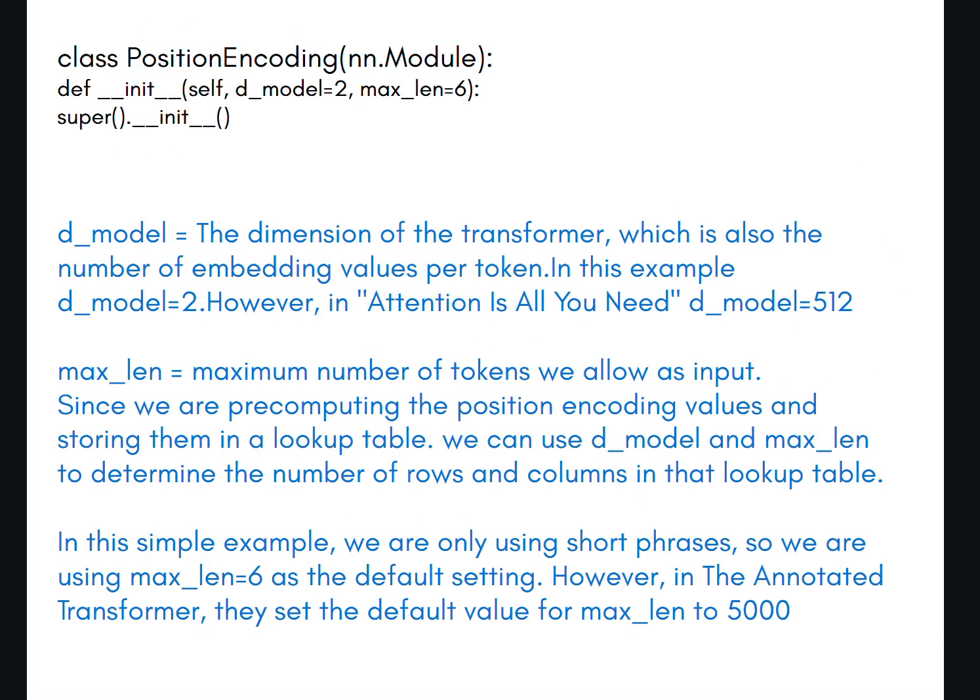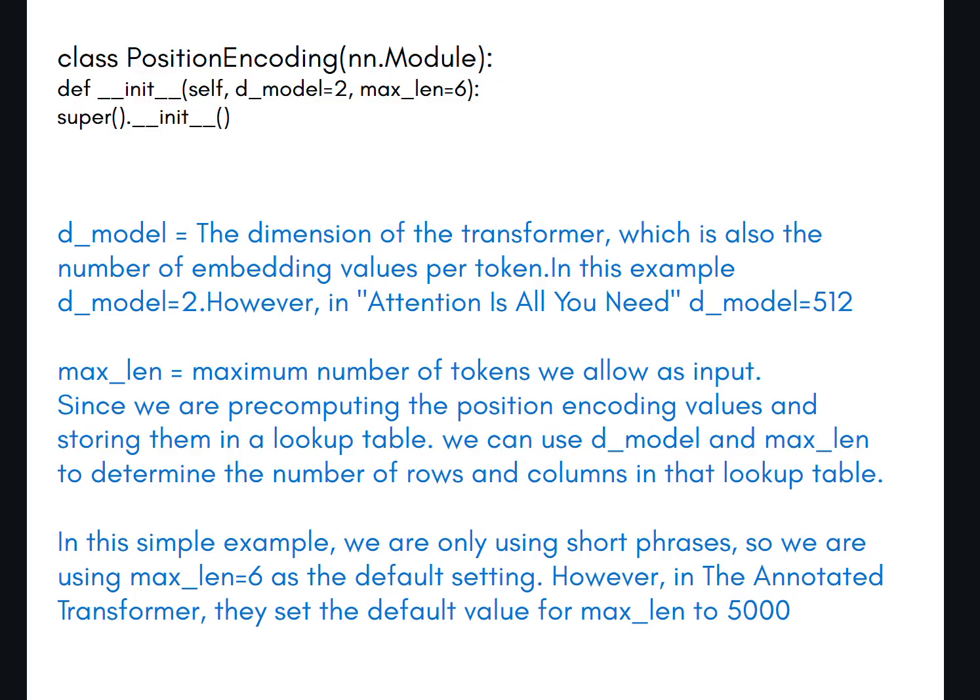Okay, so now we'll dive more into the rigorous topic of positional encoding. Notice here we have nn.Module, taken from the PyTorch nn module library. d_model is the dimension of the transformer, which is also the number of embedding values per token. In this example, d_model equals 2.